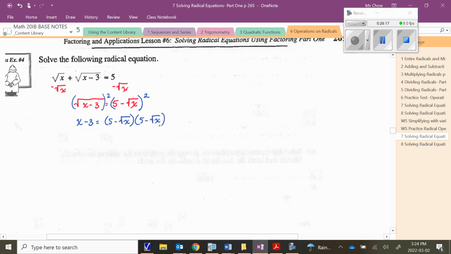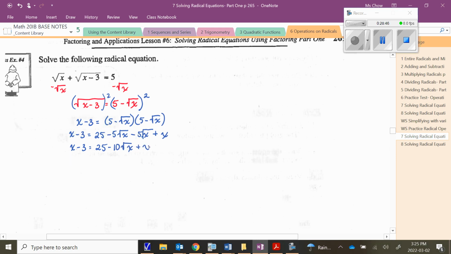So we've got then x minus 3 is equal to, first 5 times 5 is 25, then minus 5 root x. We have 2 of those. And then minus root x times minus root x is plus x. So let's clean that up a little bit. So we have x minus 3 is equal to 25 minus 10 root x plus x.